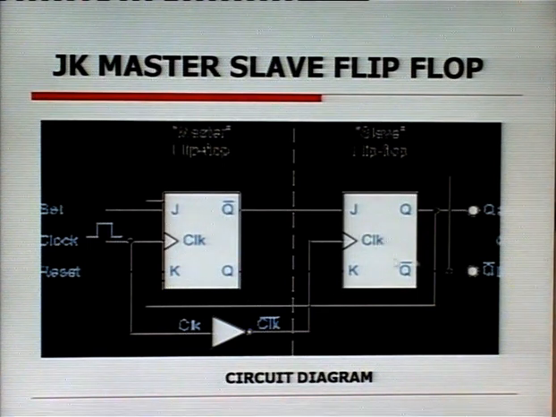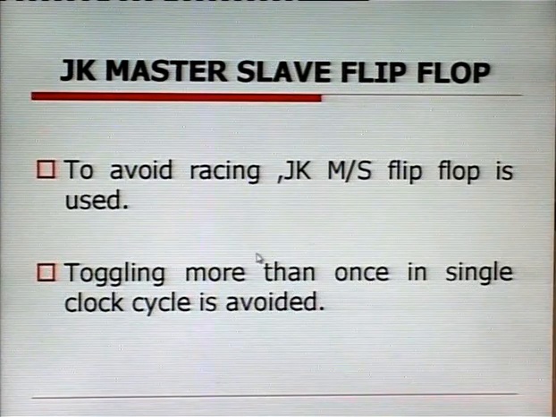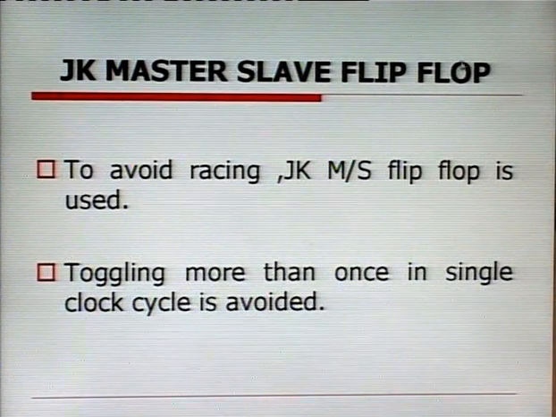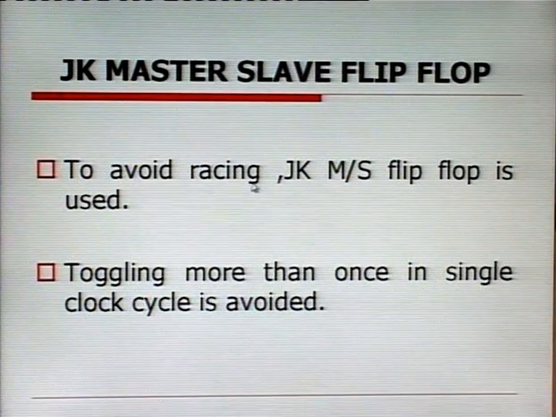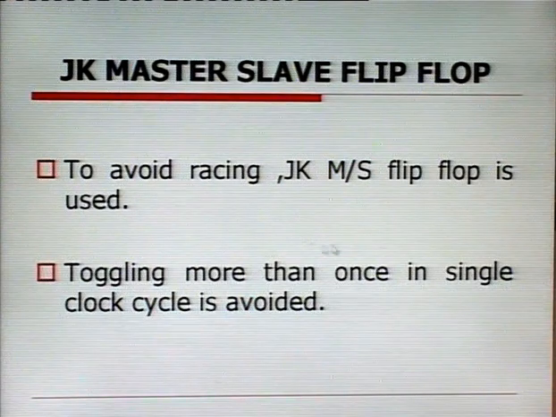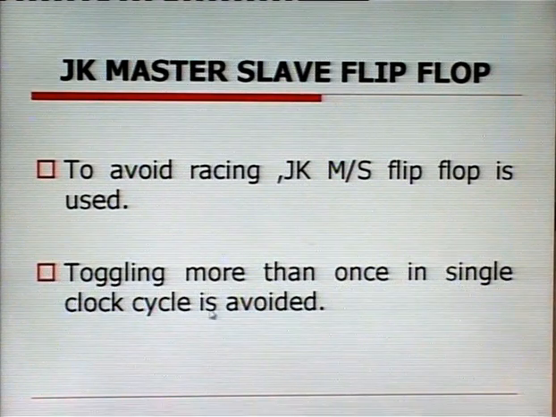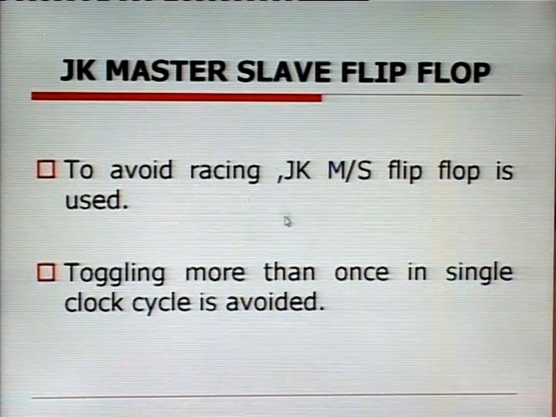This combination has been seen to reduce or eliminate the racing problem in the toggling mode, when the flip flop changes its state from the last state in a clock cycle. So, we study here the JK master slave flip flop. To avoid racing, the JK master slave flip flop is used. Toggling more than once in a single clock cycle must be avoided.